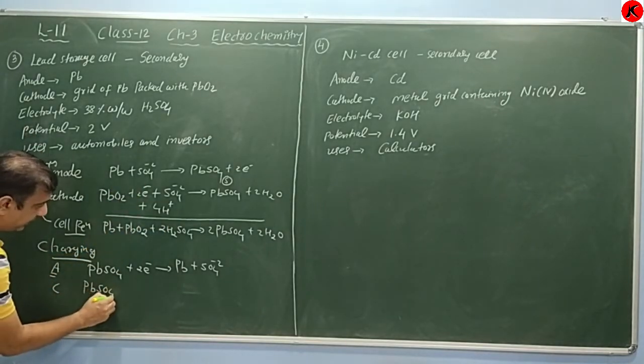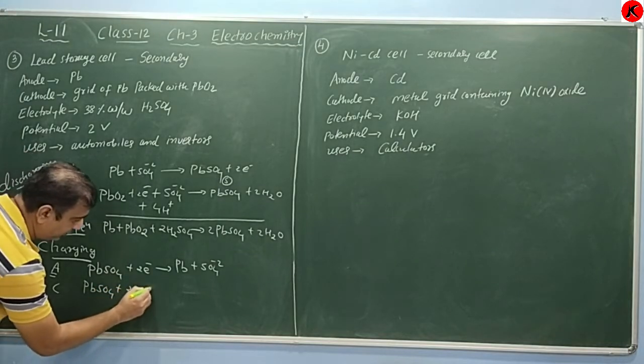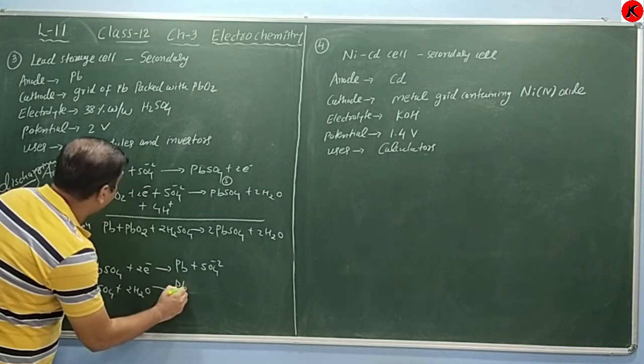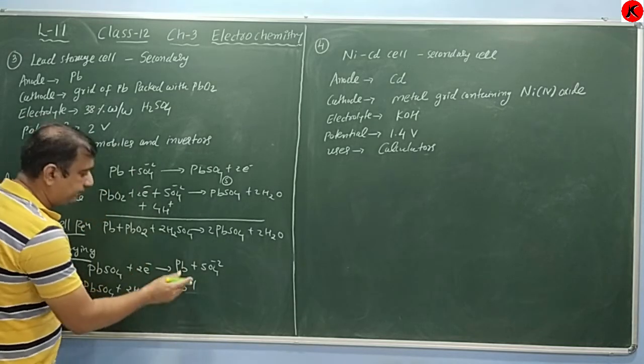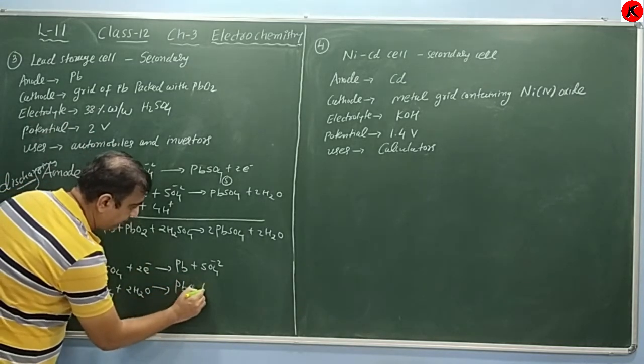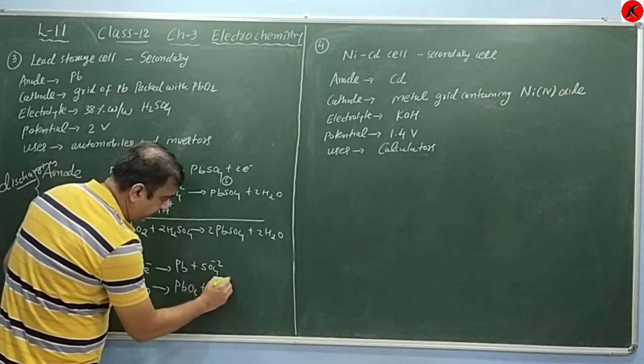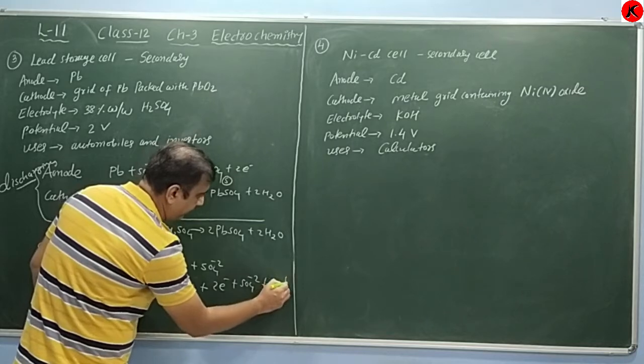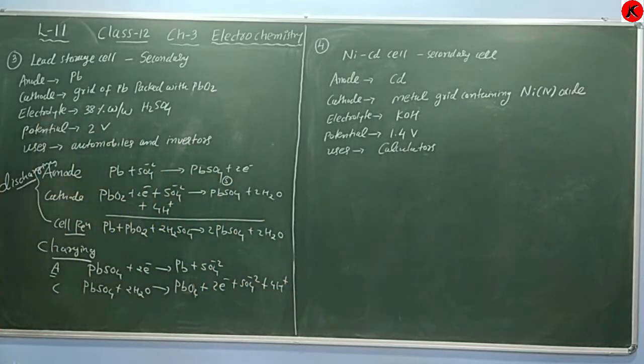That means PbSO4 plus 2H2O gives PbO2 plus 2 electrons plus SO4 minus 2 plus 4H+. These are the charging reactions when the cell is charged.